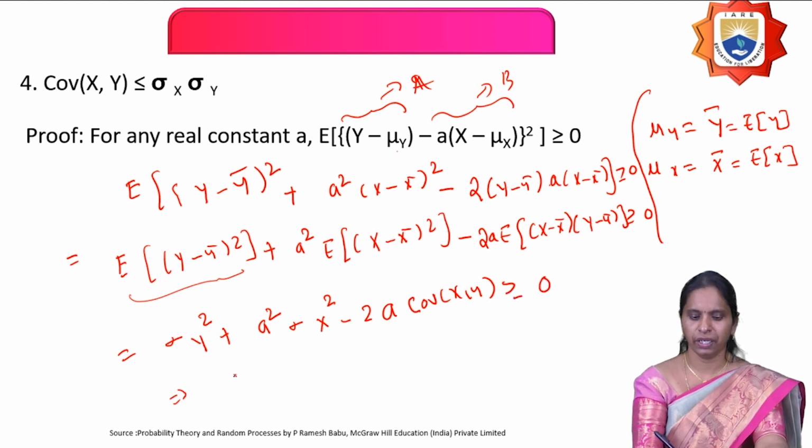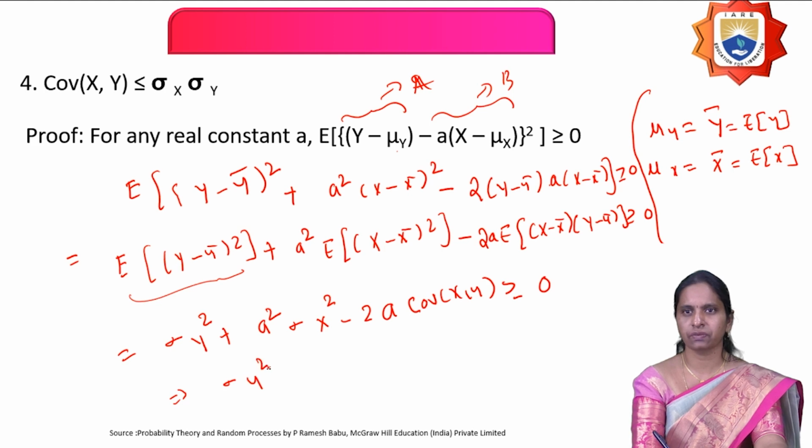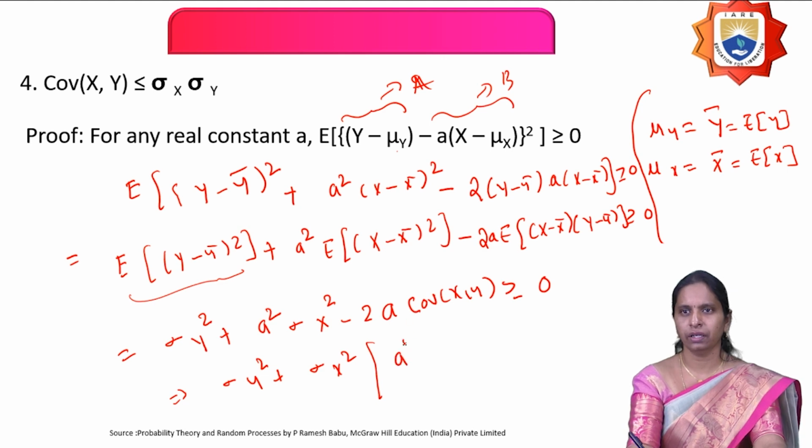Now that implies sigma y square plus, here take sigma x square common. Then what can happen here? A square minus 2 into, I am writing this as, covariance of x comma y, 2 into a into covariance of x comma y by, what do you have here? Sigma x square.